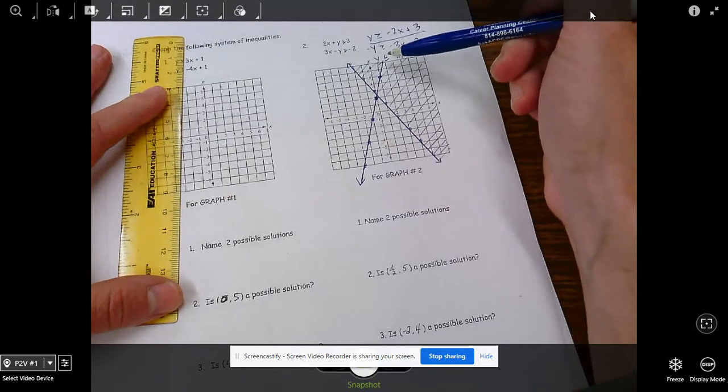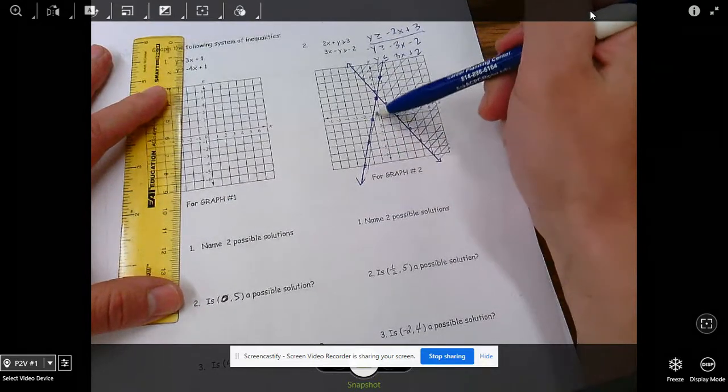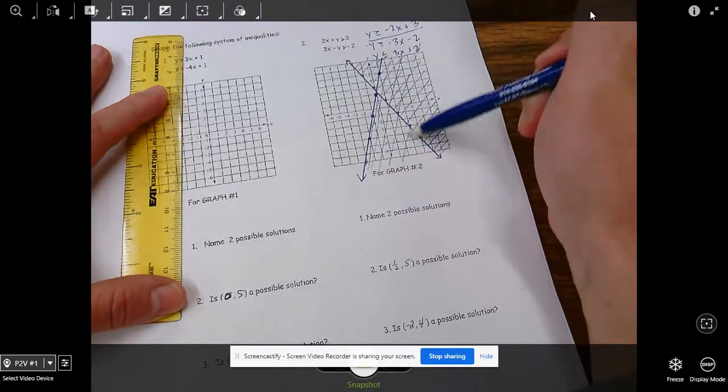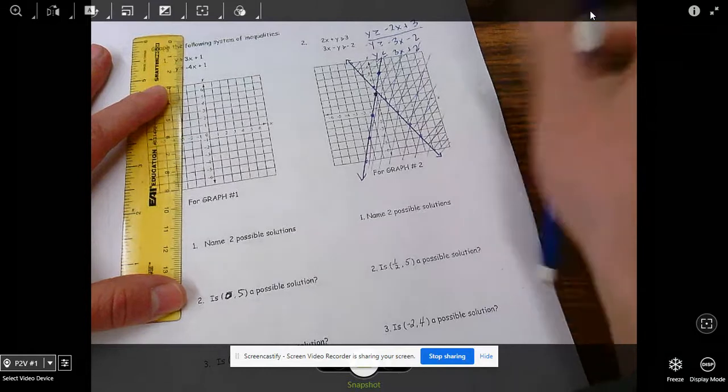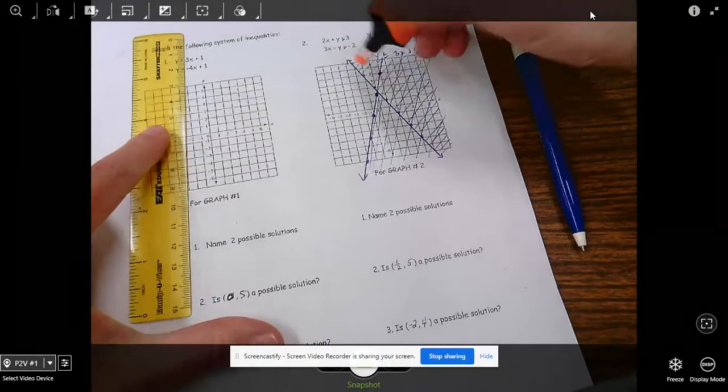Your y values are less than, so you're shading on the less than where it's negative. So where do they intersect? They intersect here.